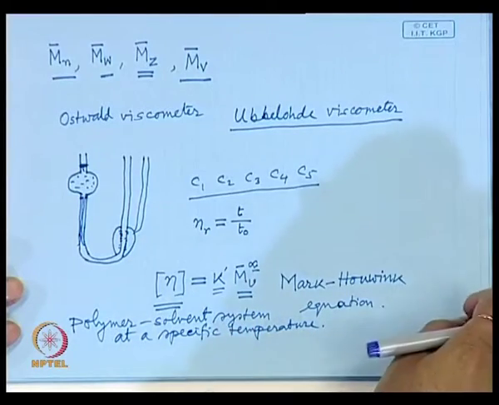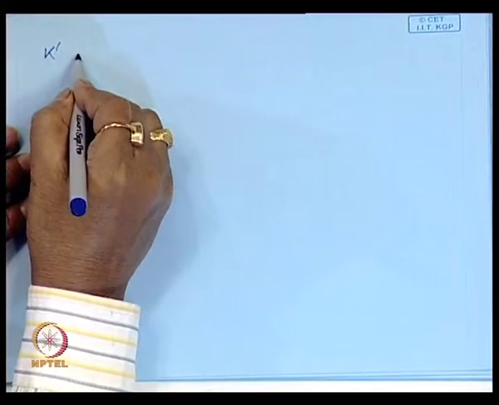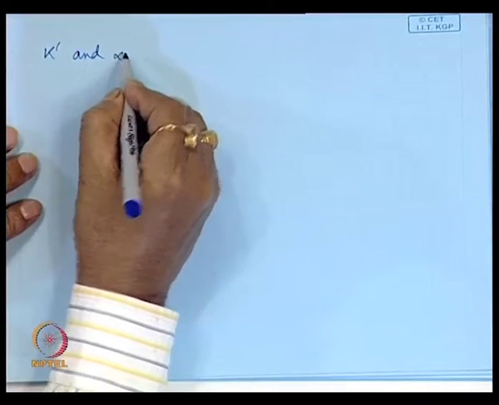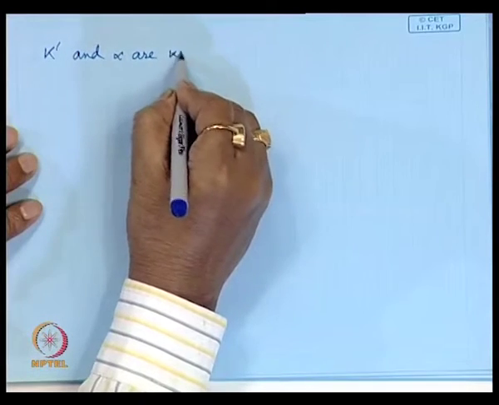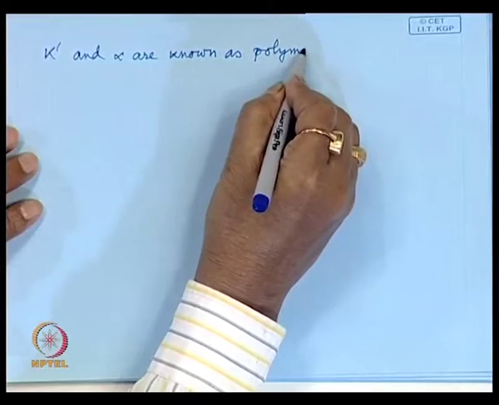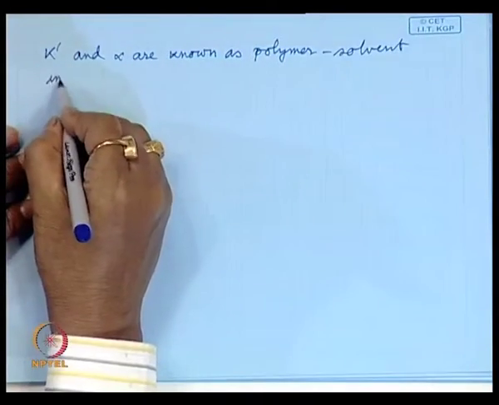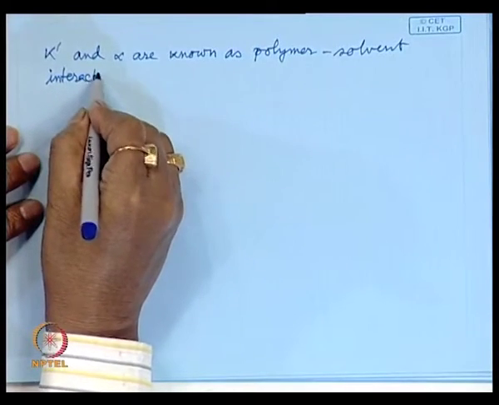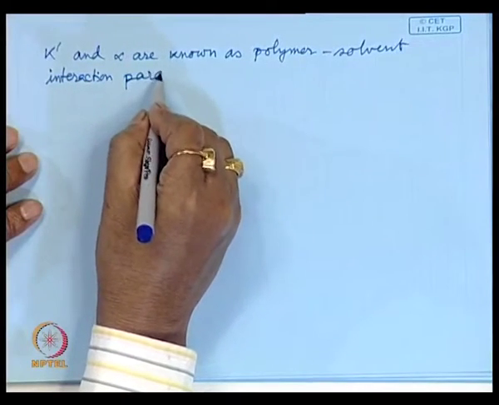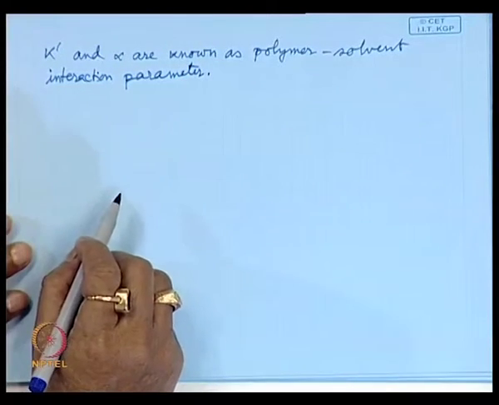These parameters are known as polymer solvent interaction parameters. What are these polymer solvent interaction parameters?